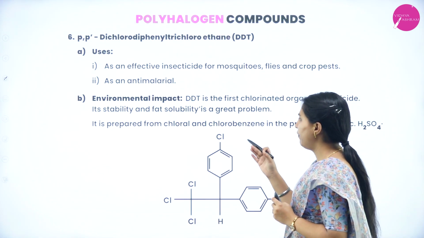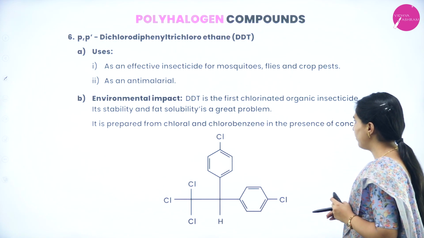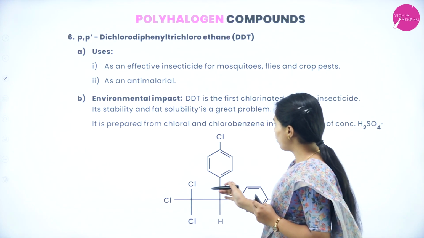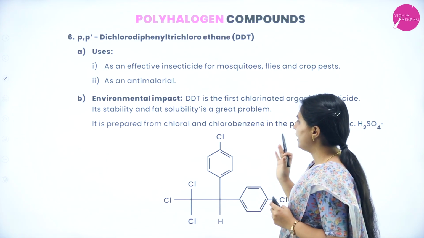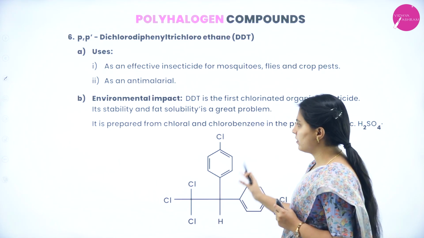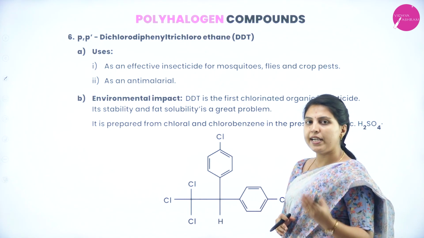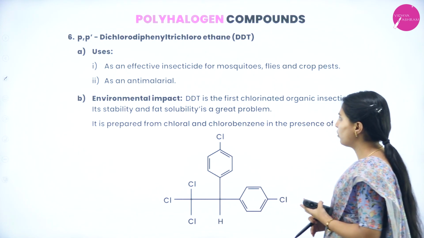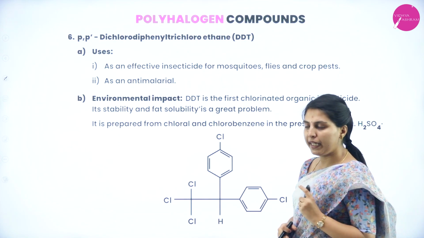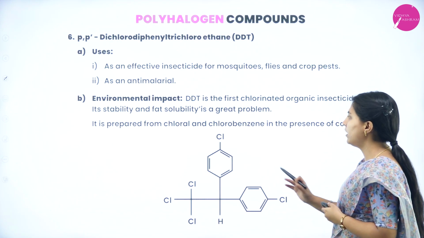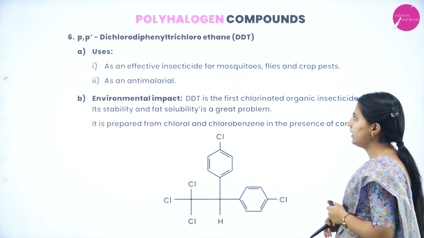It is prepared from chloral and chlorobenzene in the presence of concentrated H2SO4. This is the structure of DDT, which is also very poisonous.